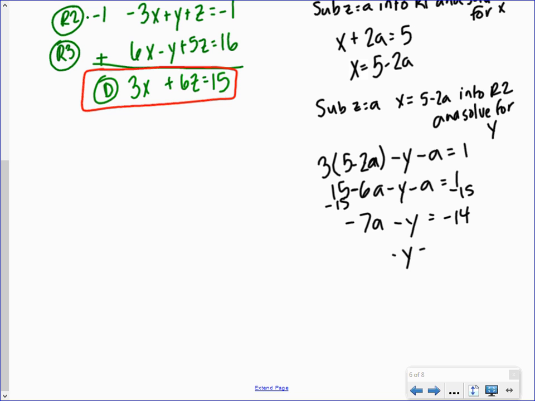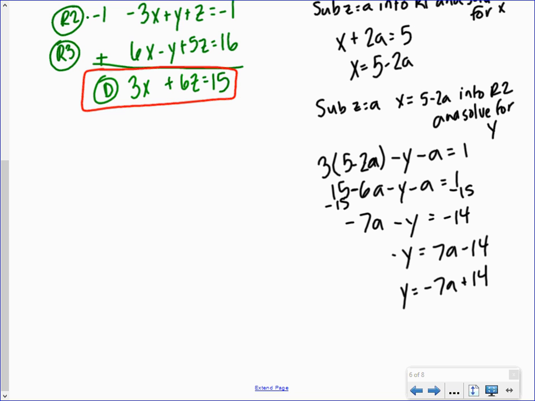And then negative y equals 7a minus 14. So y equals the opposite of that. Yep, so you could say negative 7a plus 14. You can say 14 minus 7a. Both of those are the same thing. And then you can plug that in for your y value.